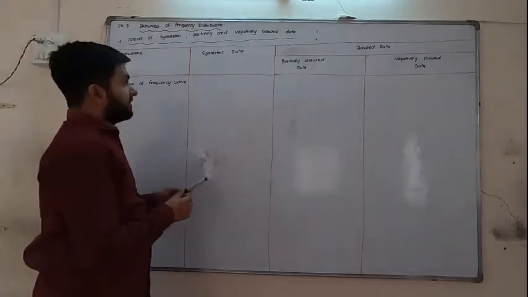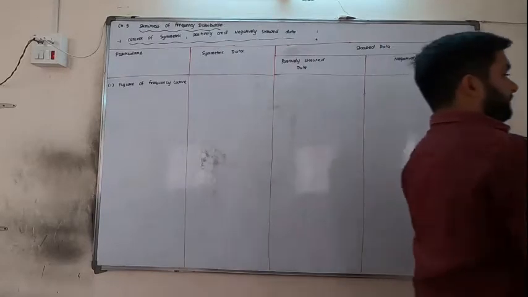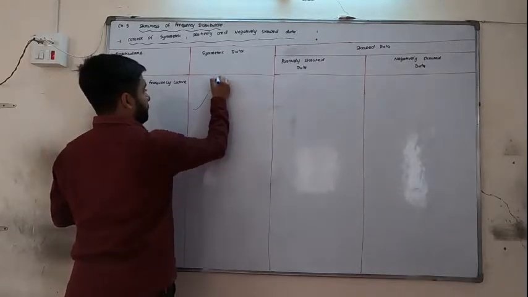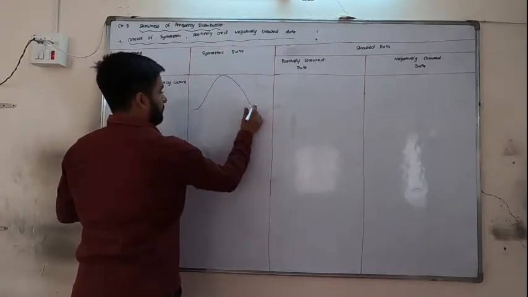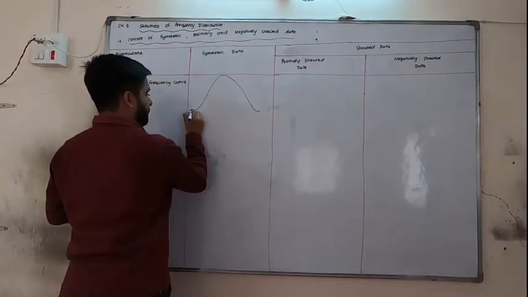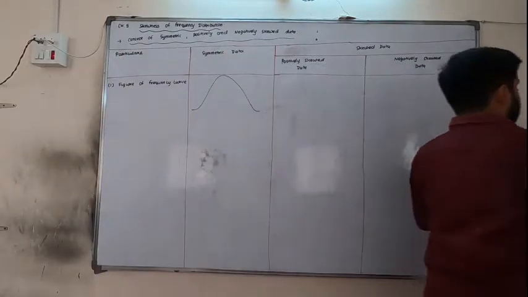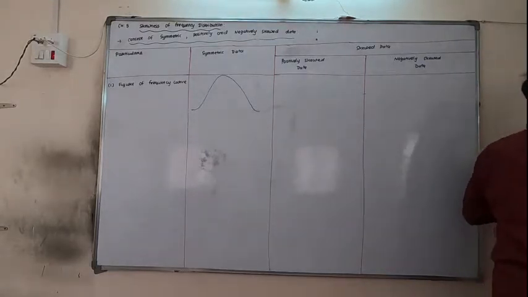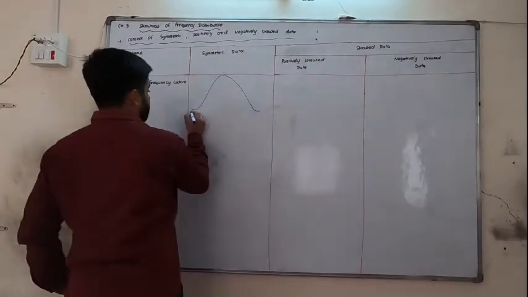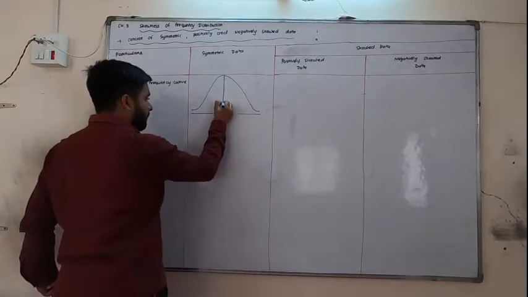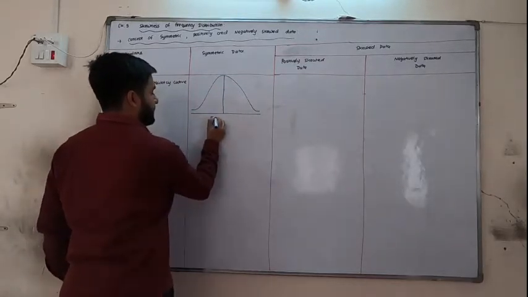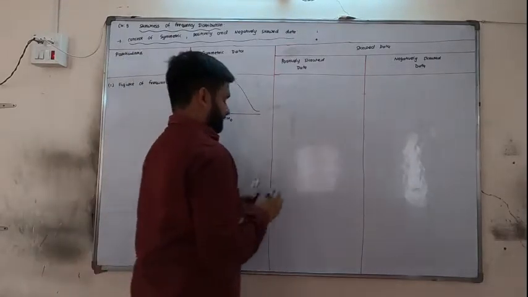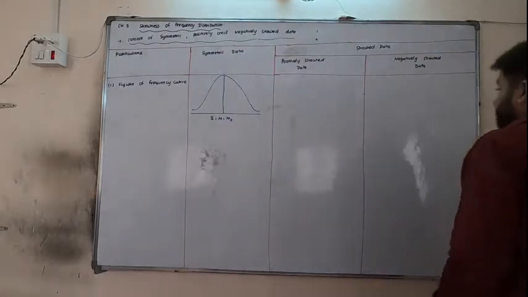How is the figure of a symmetric data? It will be equal, so x bar equals m equals mo.